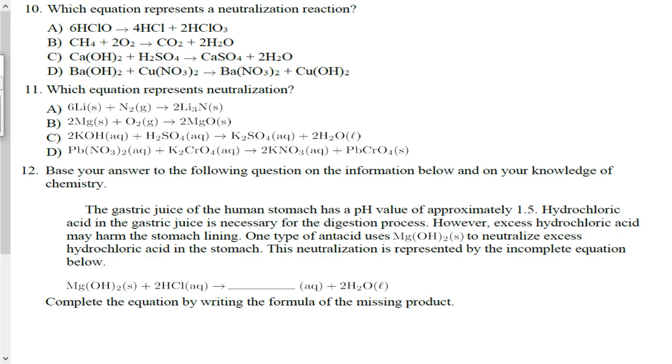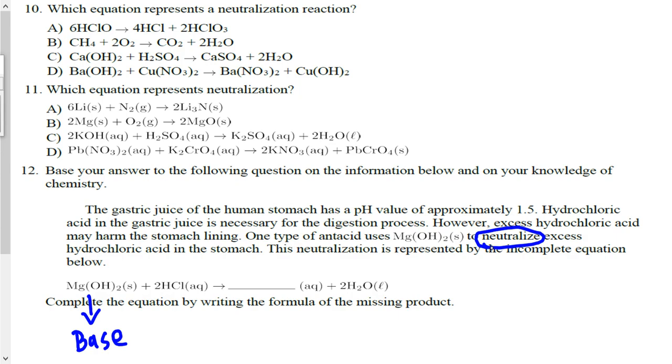So question 12, here we have to complete the equation by writing the formula of the missing product. Mg(OH)2, that's a base because again you have hydroxide in it. And they also use the word neutralize, right?